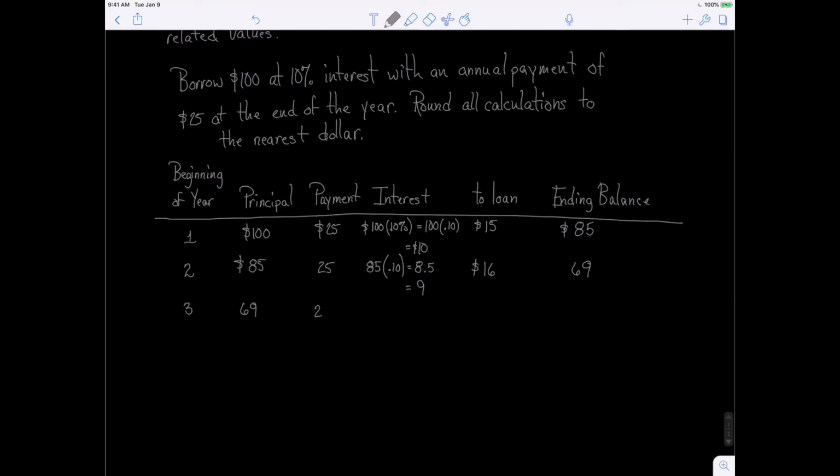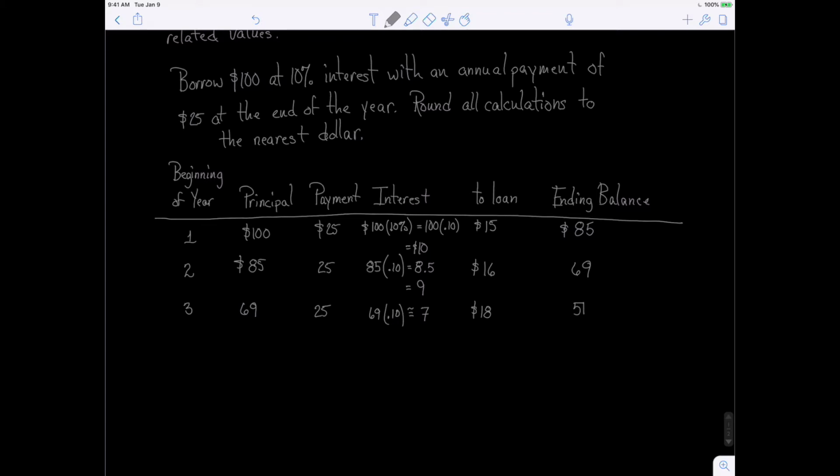We make a $25 payment at the end of the year, and we pay 10% on the $69. Well, that's $6.90. We'll just say that rounds to the nearest dollar of 7. Now notice that the amount that goes towards the loan is going up, and our interest is going down. So now we reduce our loan to $51.